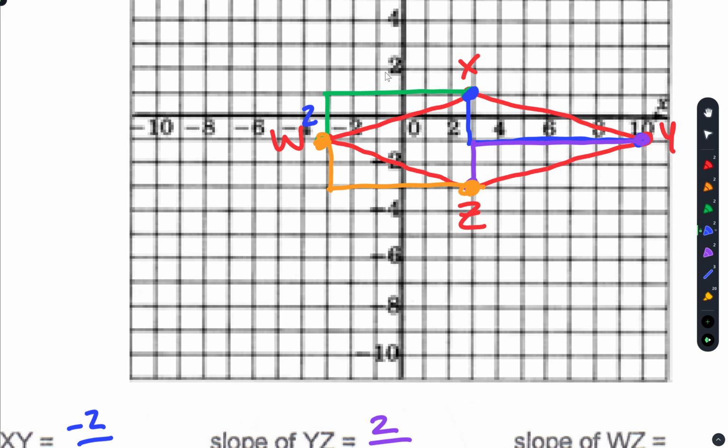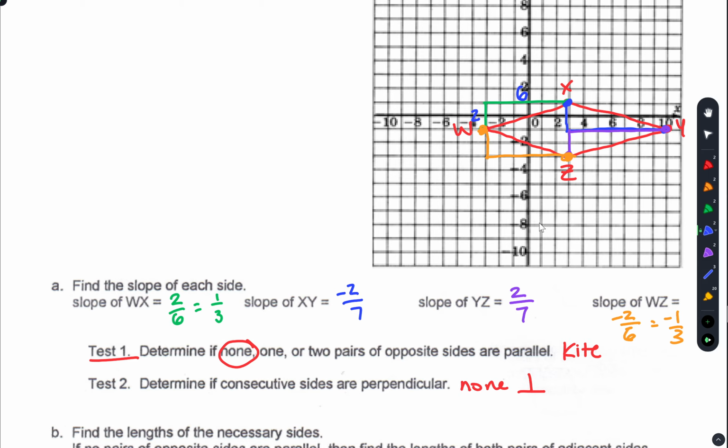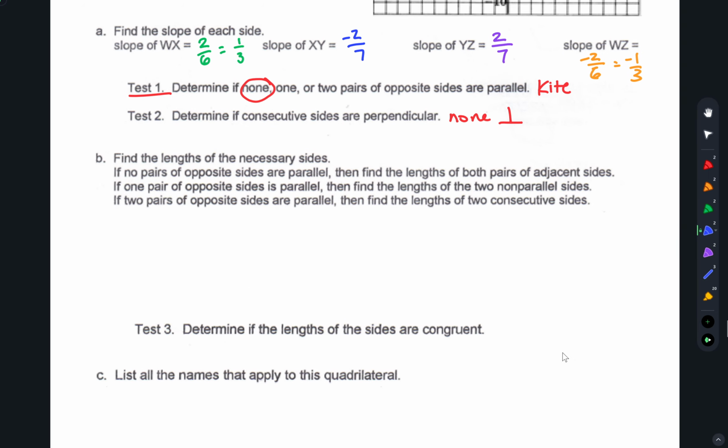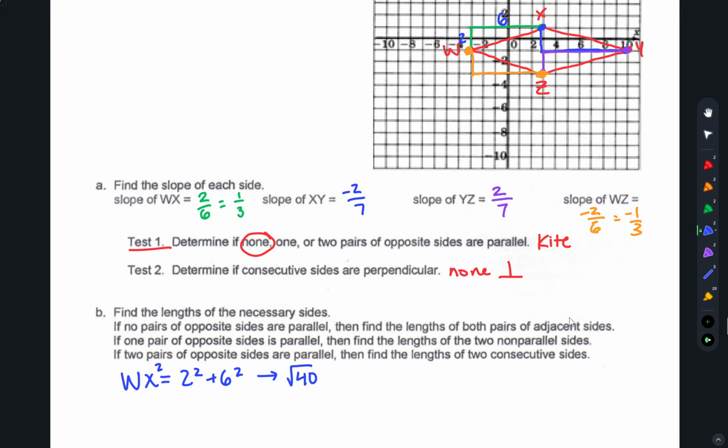So the way that we're going to do this, again, like we've done all the other shapes, is Pythagorean theorem. I know that this side is 2 by 6, so for WX, squared is 2 squared plus 6 squared. That's my Pythagorean theorem. And that gets me the square root of 40. I can do the same thing for WZ.